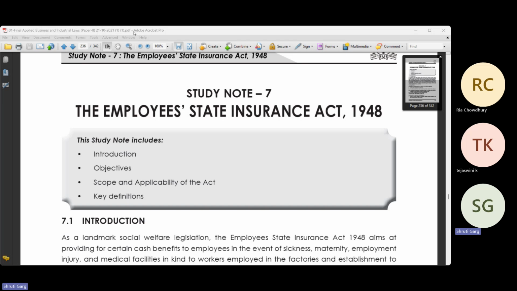Now open page number 5 of your book. You will see that this paper, paper 2, Applied Business and Industrial Law, has 3 parts. Section A, Fundamental of Applied Commercial Law. Section B, Fundamental of Applied Industrial Law, and in this part ethics is also covered, right?